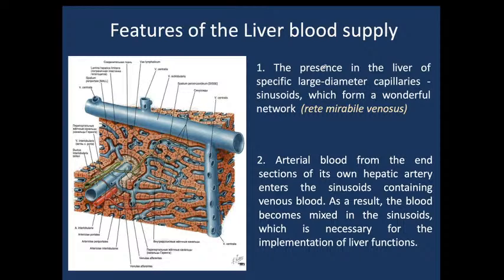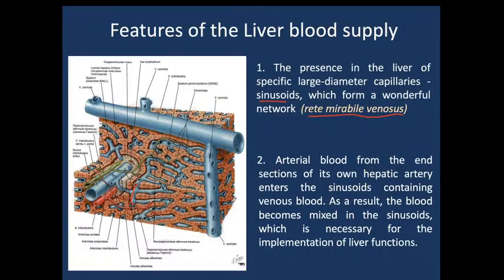And these large diameter capillaries we call sinusoids. Here are the sinusoids, and sometimes we call them rete mirabile venosum, because the arterial blood comes into this sinusoid, and venous blood from the portal system.